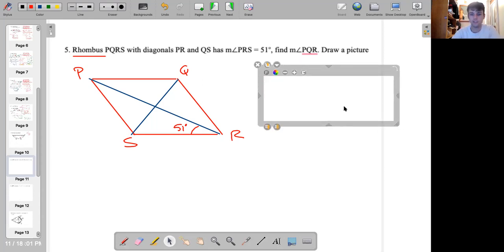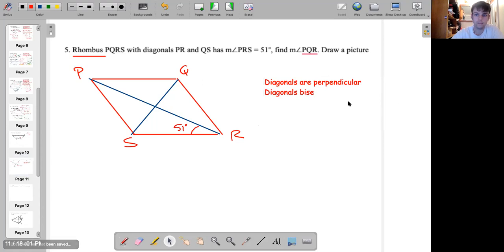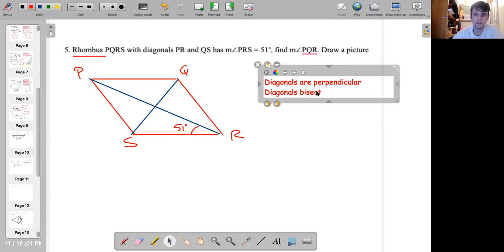So first one is that the diagonals are perpendicular. That means that the diagonals intersect at right angles. And then the second one that's going to be useful here is that the diagonals bisect the angles.